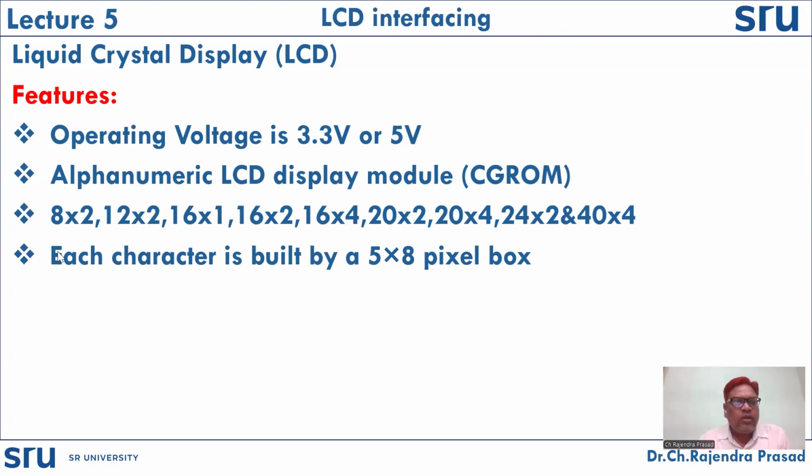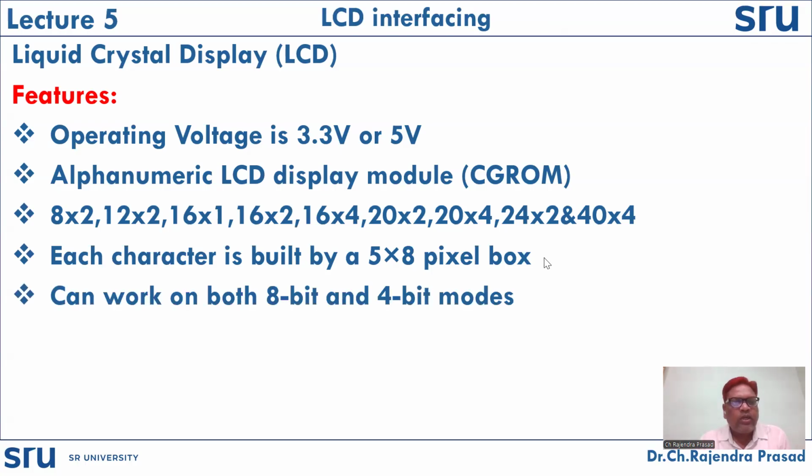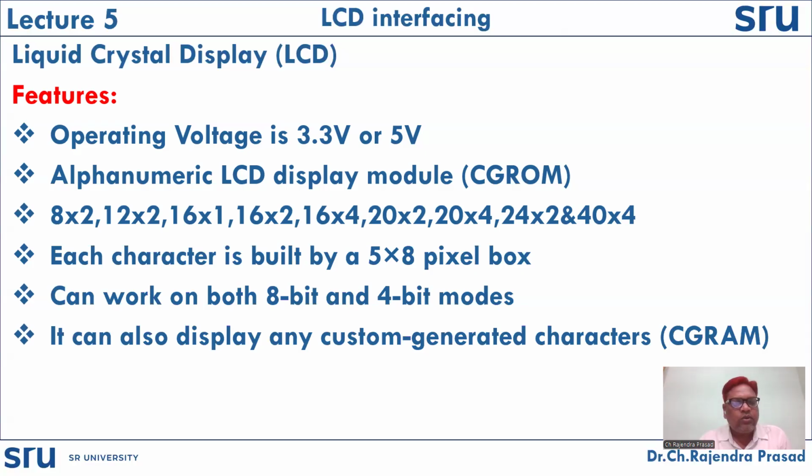Each character is built by a 5 by 8 pixel box, and the LCD can work in both 8-bit and 4-bit modes. We will discuss in coming slides how it is operated in 8-bit and 4-bit modes. It can also display custom generated characters.